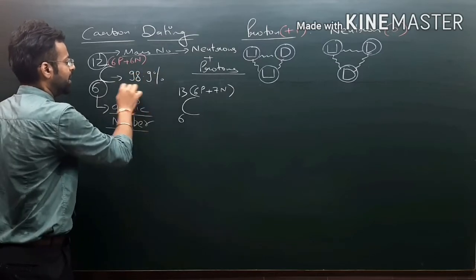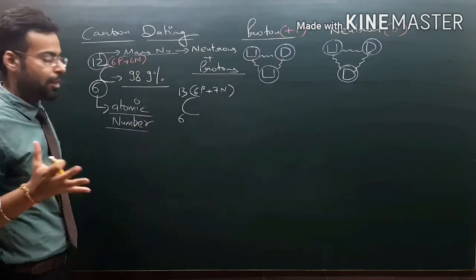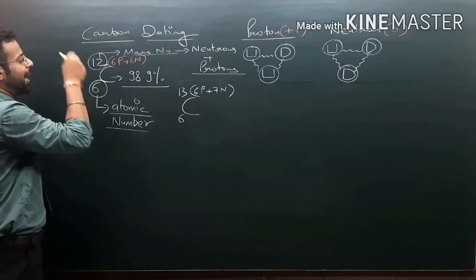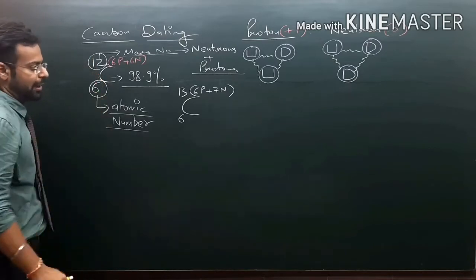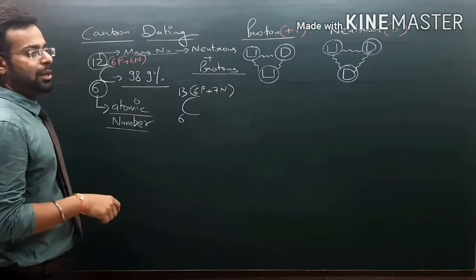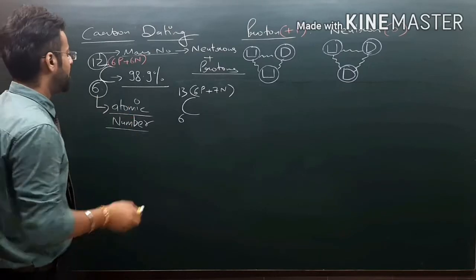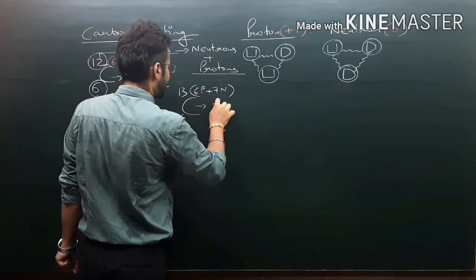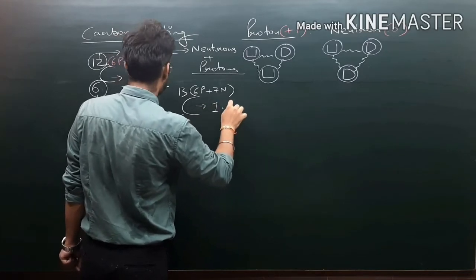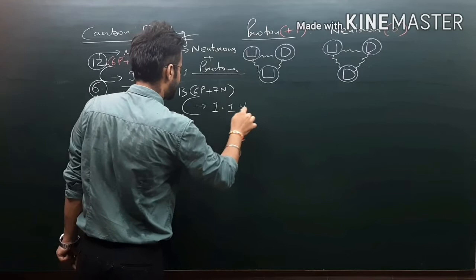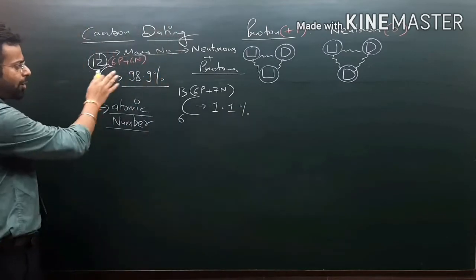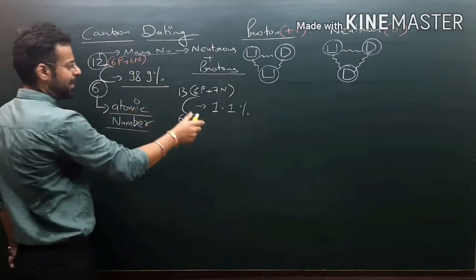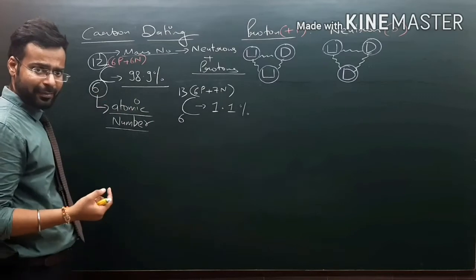So the majority of carbon in nature is present as carbon 12. But there is also a little amount of carbon 13 in nature, only 1.1%. That is almost the remaining part of the carbon.